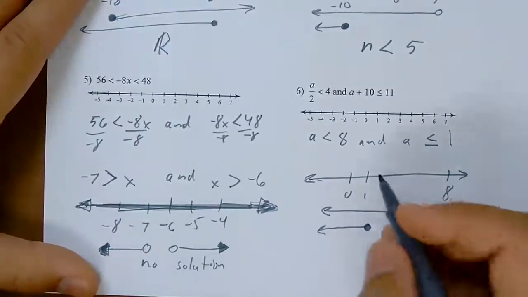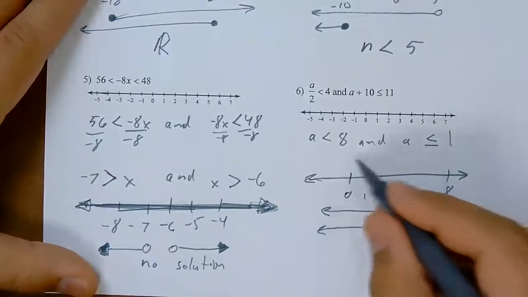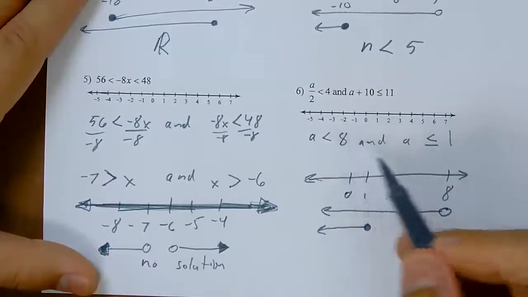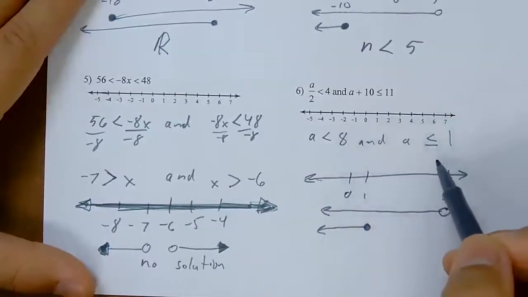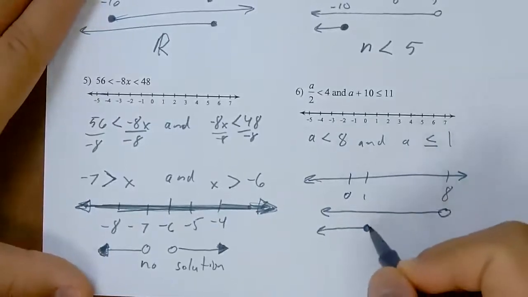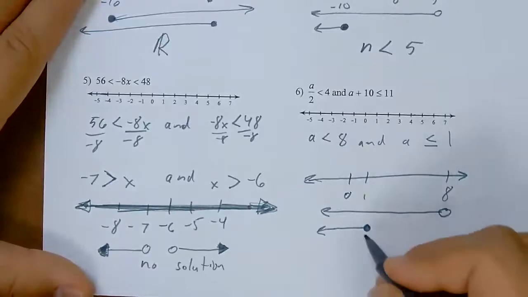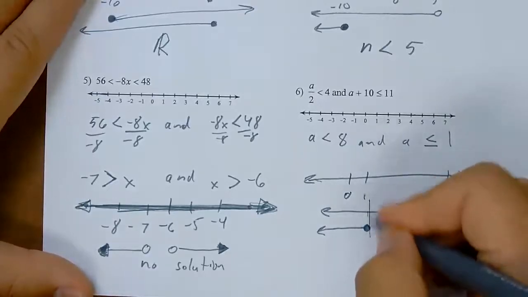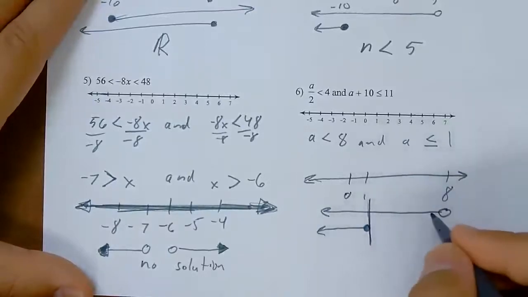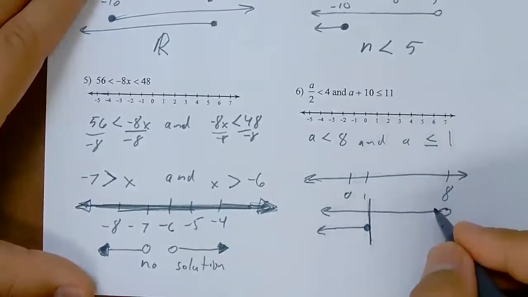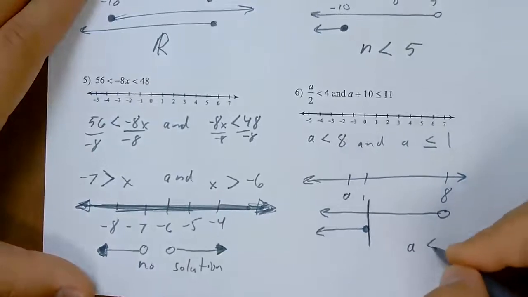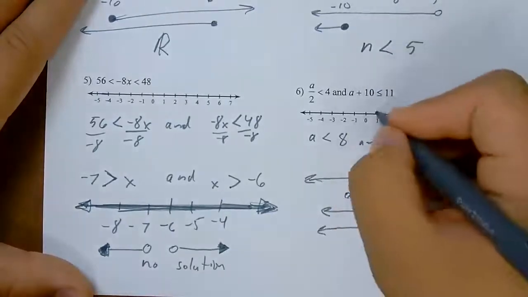Like I said, we are looking for values of a that satisfy both of these inequalities. If we pick 4, yes, 4 is less than 8, but it is not less than or equal to 1. And is a both kind of inequality. And so for this example, we're just looking at the overlap. So everything from here into the left. All of this stuff is good, but it's not good enough. It has to satisfy both of these inequalities. And so really our solution is just a is less than or equal to 1.